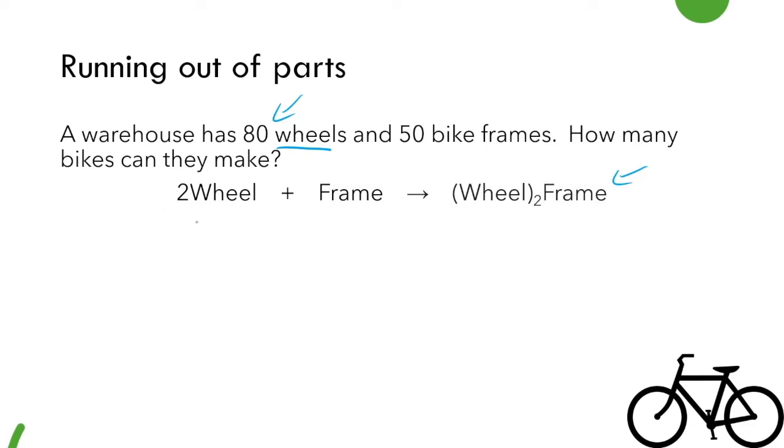If we look at the 80 wheels, and we ask how many bikes could we make with these 80 wheels? Well, we know there are 2 wheels per bike, which means it's going to be able to make 40 bikes.